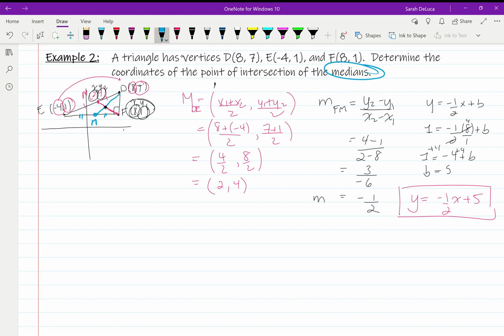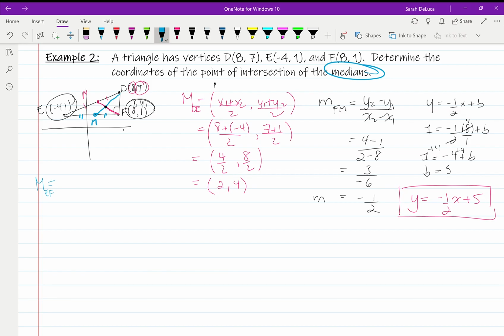I'm going to find the blue midpoint here. I'm going to skip the step of writing the formula so I can get through this. So I'm finding the midpoint of EF, which is 8, 1 and -4, 1.